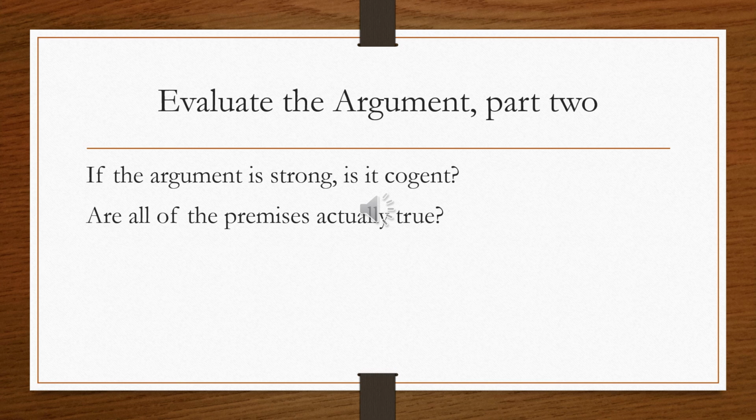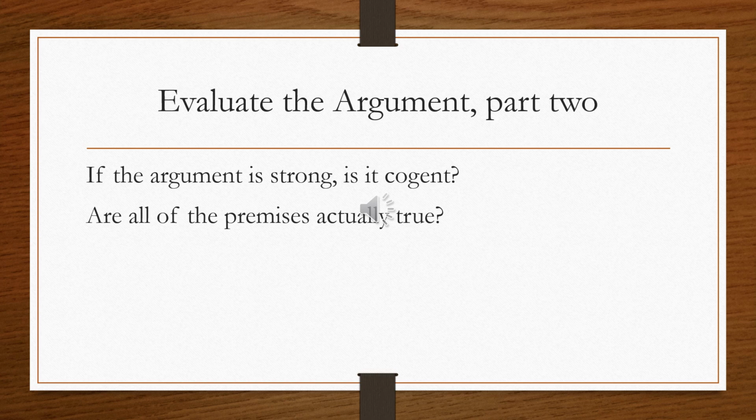If it's cogent, that means it's not only strong, but that all of the premises are actually true, not hypothetically true. And so in order to determine if this argument were cogent, we would have to do a fair amount of work. We would have to do some research. We would have to go into maybe studies of organic foods, government documents. We would have to acquire basic knowledge about the facts of organic foods and organic farming. So establishing cogency is a big job.